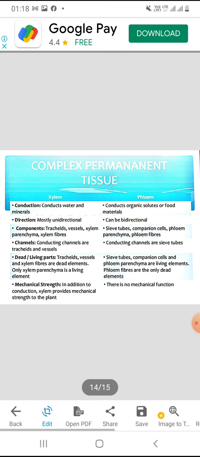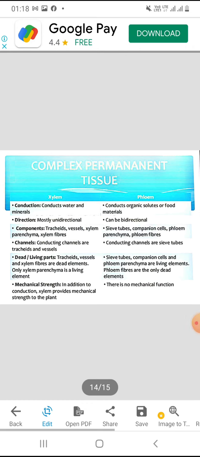Components of xylem: tracheids, vessels, xylem parenchyma, xylem fibers. In the case of phloem, they have sieve cells, companion cells, phloem parenchyma, phloem fibers. Conducting channels in xylem are tracheids and vessels. Conducting channels are sieve cells in the case of phloem.